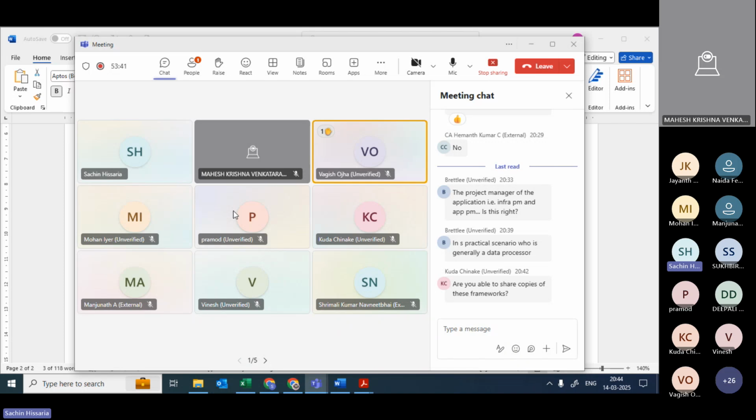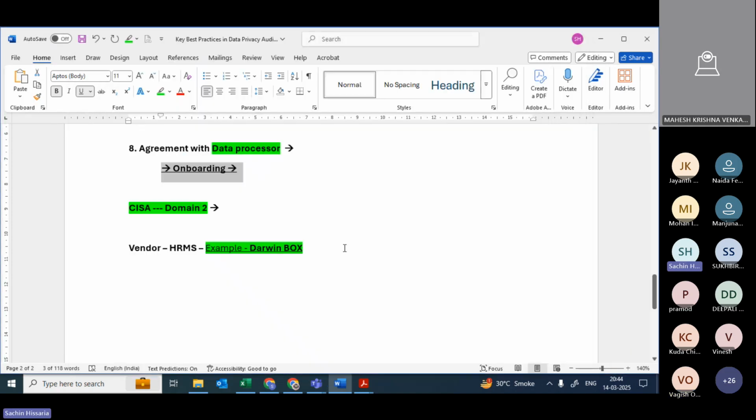Either you can appoint someone to do an audit or a review, or you can ask the vendor to provide a report which can demonstrate compliance with the privacy law. Till today, the law is not yet applicable in India, correct? As of now, the rules are only in draft and are not yet applicable. But once they become applicable, then they have to ensure compliance. Got it. Thank you.